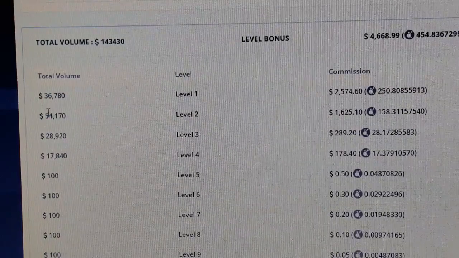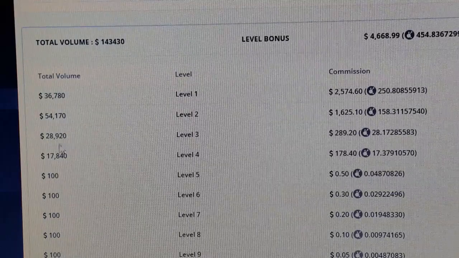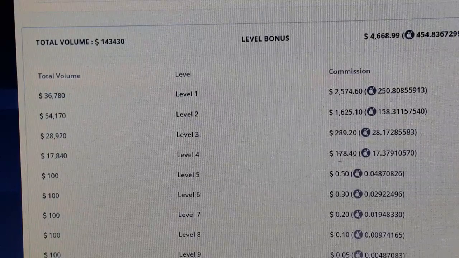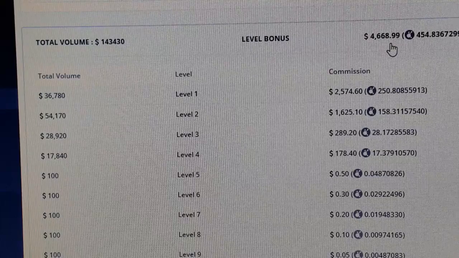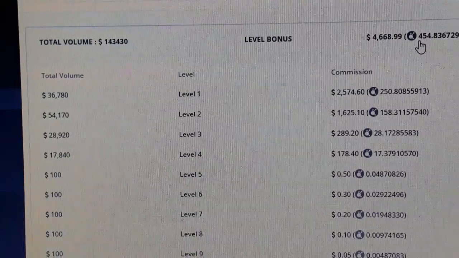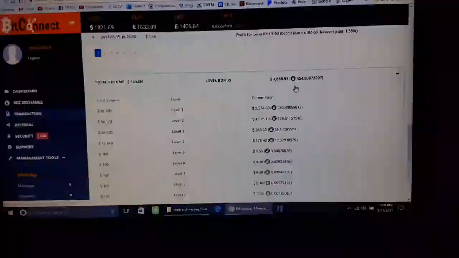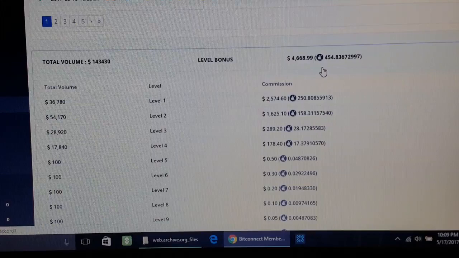They referred $28,900, and I earned $289, and these people referred these people for $17,000 worth of loans, and I've earned $178, totaling $4,000. It also gives me the value in how many BitConnect tokens I've earned: 454 BitConnect tokens.